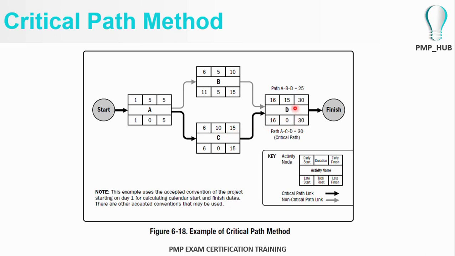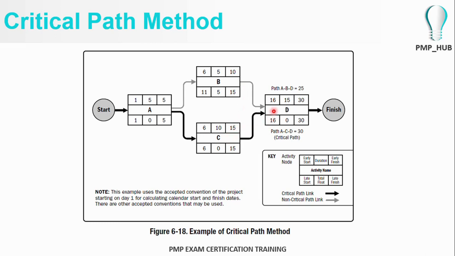And if you take activity D, activity D waits for the output of activity B and activity C. So for activity B, the earliest finish date is day number 10. Activity C, the earliest finish date is day number 15.